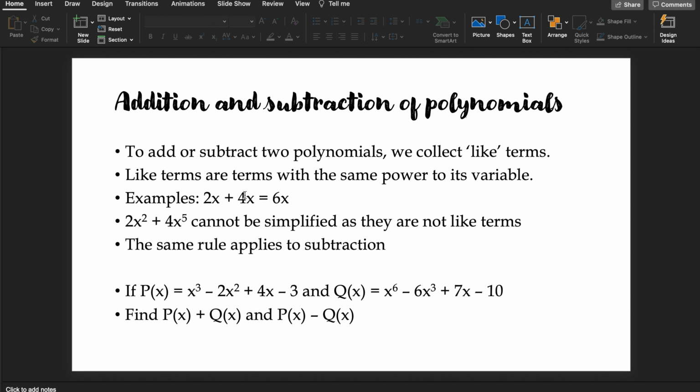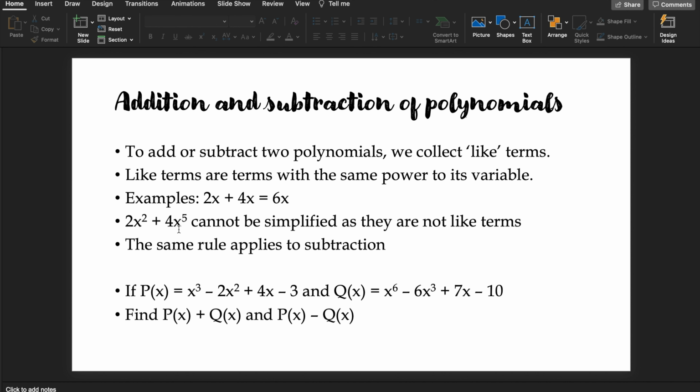So we can add the constants. So 2x plus 4x will give us 6x. We could also add 2x squared plus 4x squared, which would give us 6x squared. And then we cannot add 2x squared plus 4x to the power 5 because they're not like terms. They don't have the same power on the variable.